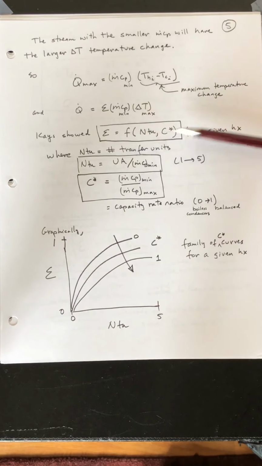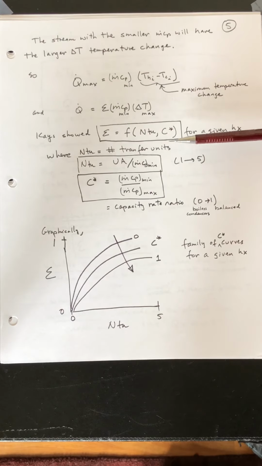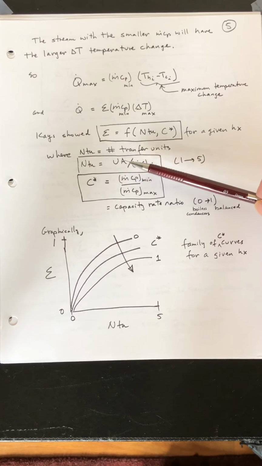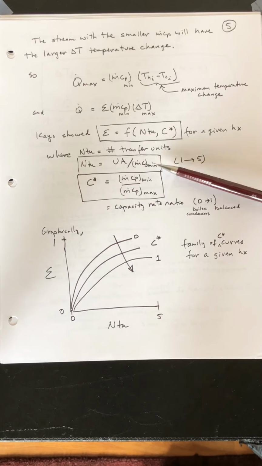And what Kays did in his classic paper is show that the effectiveness is a function of two variables. One called NTU, the number of transfer units, and the other one the heat capacity ratio. Number of transfer units is the heat transfer coefficient times the area divided by the smallest value of m dot times c.